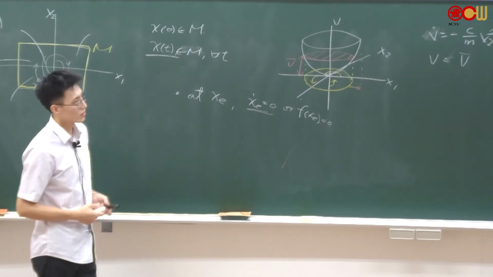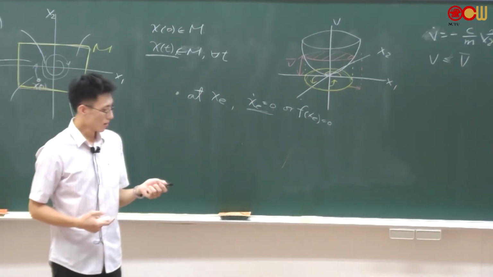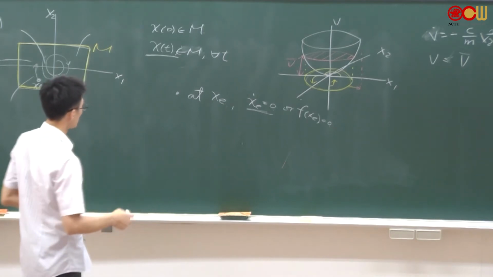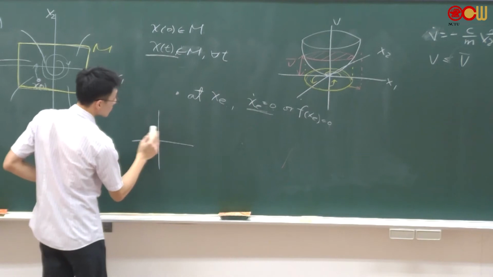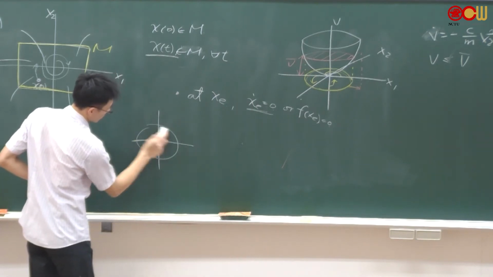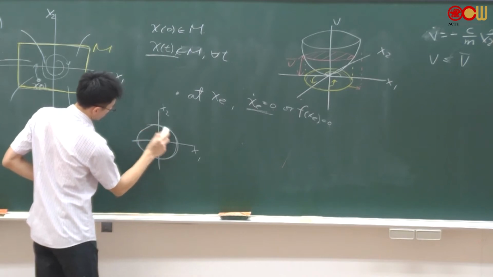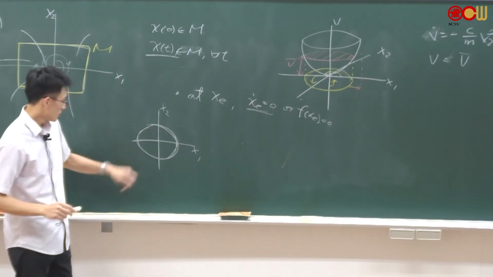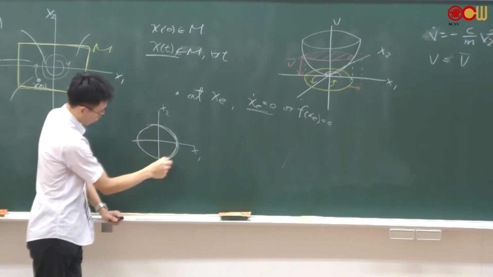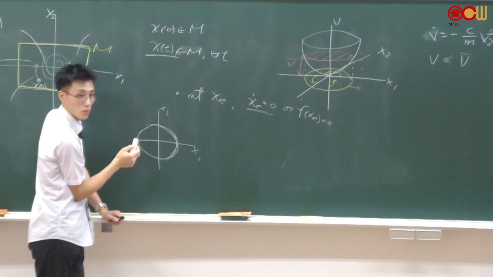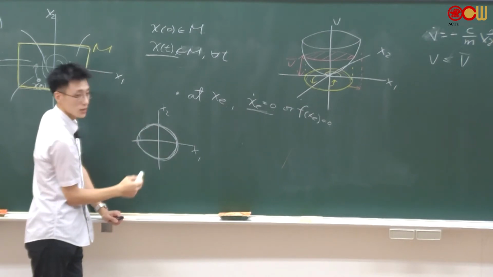So an equilibrium point itself is an invariant set. And limit cycles: if this is the phase, once it enters this orbit, it never leaves this orbit, right? So this orbit is also an invariant set.